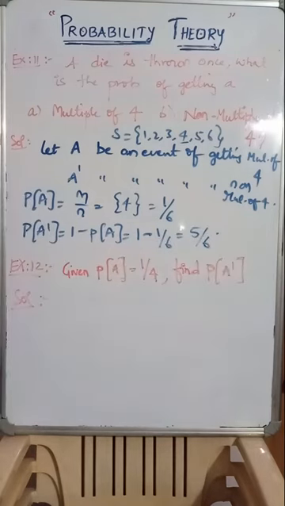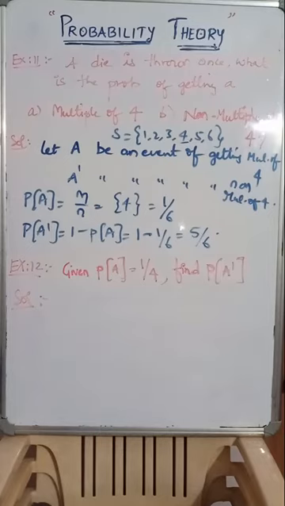Non-multiples will be 5 outcomes, 5 by 6. Multiple of 4 will be only one elementary event, 4. Therefore, out of 6, only 1 is there. So 1 by 6 is the probability of getting a multiple of 4. And probability of a non-multiple of 4 would be P of A dash, complement. So 1 minus P of A equals 1 minus 1 by 6, that is 5 by 6.